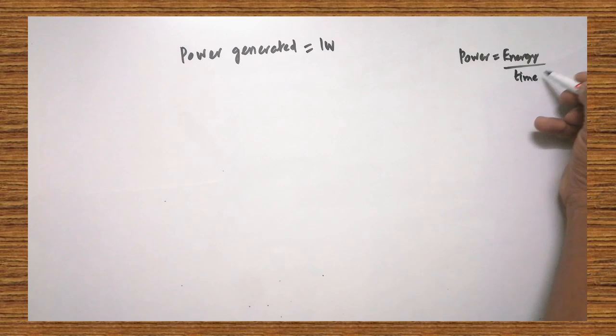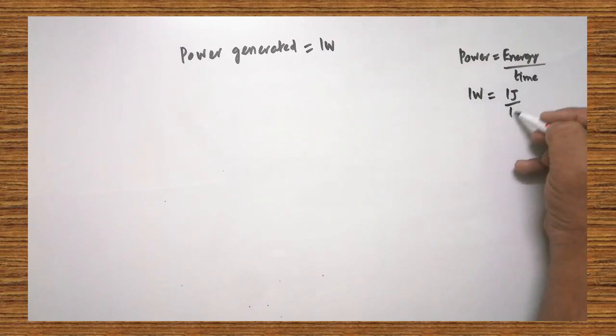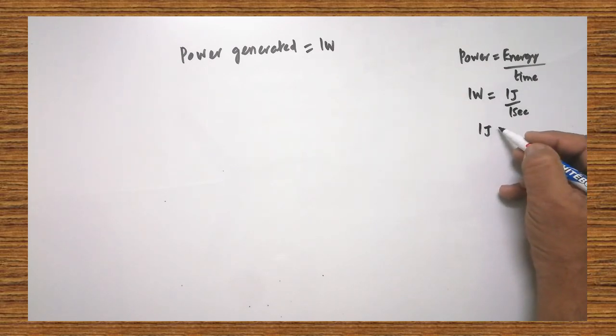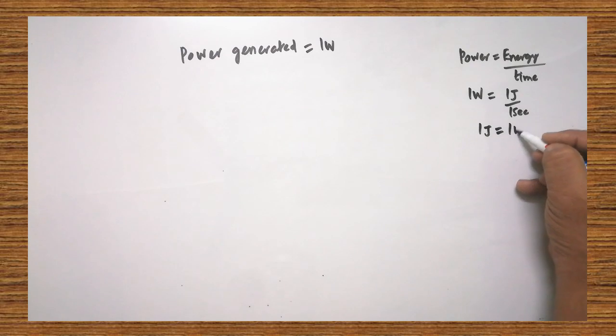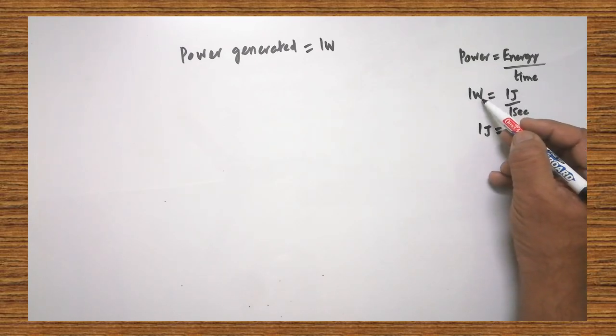This is the fundamental formula. 1 watt is equivalent to 1 joule divided by 1 second. So therefore 1 joule is equal to 1 watt second. That is, in 1 second, if 1 joule amount of energy is liberated, that is equivalent to 1 watt.